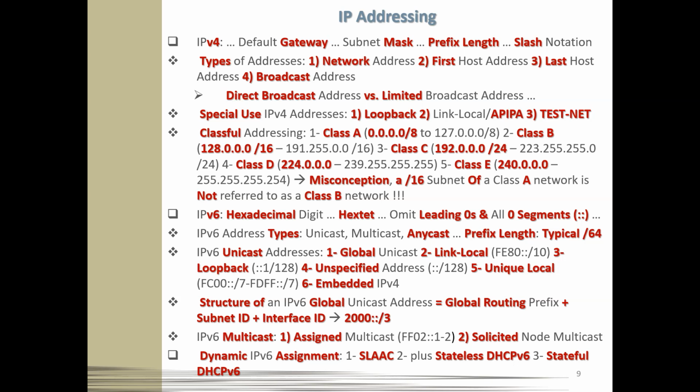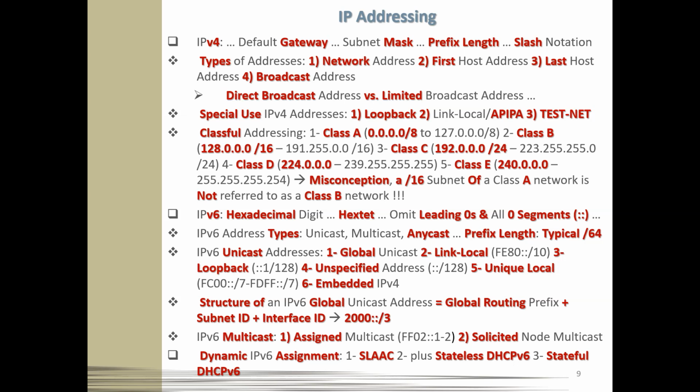For each subnet or for each network, we are looking for 4 types of addresses or 4 different pieces of information. We want to see firstly the network address, then the first host address or first usable address, then the last host address or the last usable address, and fourthly and finally the broadcast address.